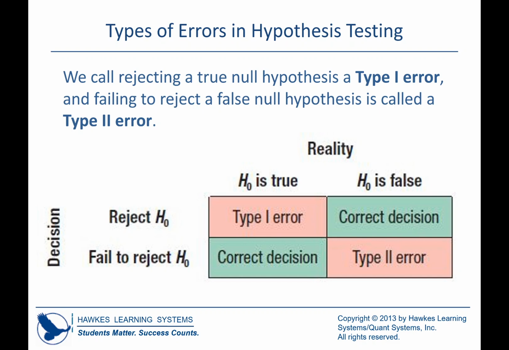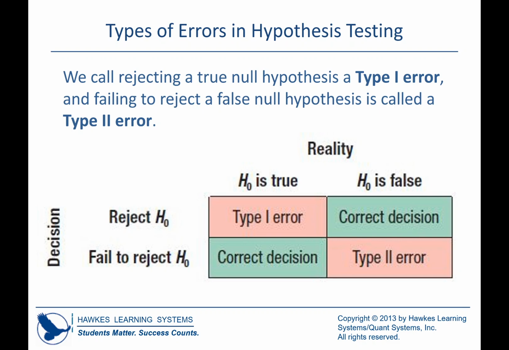Most of the time in academics and most of the fields that all the majors that take this class are in, we minimize type 1 error at the expense of increasing type 2 error. But there are situations where you want to do the opposite, in different fields.